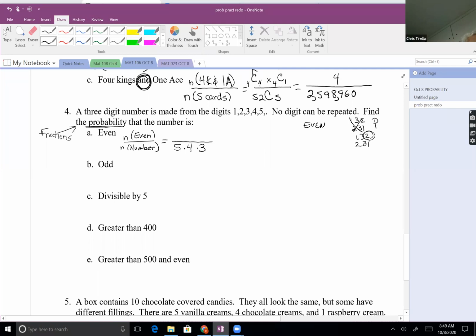And so let's look at our list. How many even numbers are there to pick from? 2. So I think of if it's got to be even, that last number has to be even, and I have 2 evens to pick from.